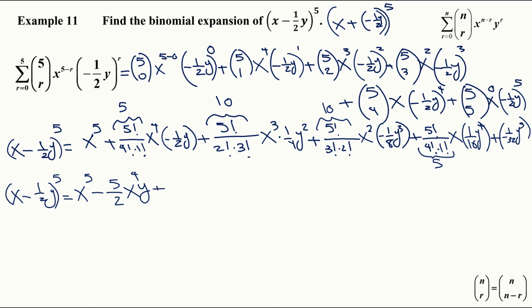So plus 5/2 x cubed y squared. Next we have 10 times negative 1/8, right? So that's negative 10 over 8 or negative 5/4, and then we have x squared y cubed.